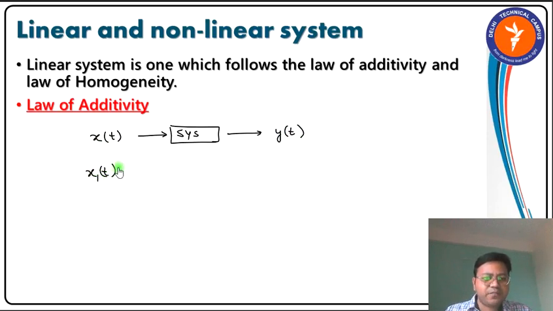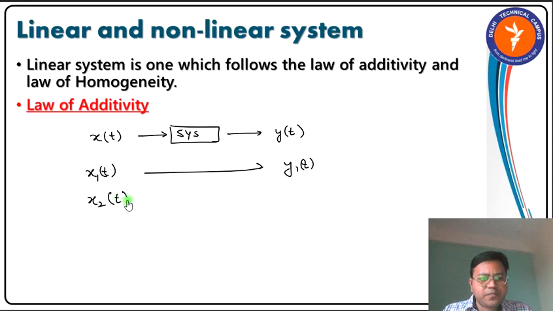It is a completely different signal from this, and it is being fed into the same system. Then in the output I will get y1 of t. And if I consider another signal x2 of t, and if I excite the same system with this signal, let me say the output is y2 of t.